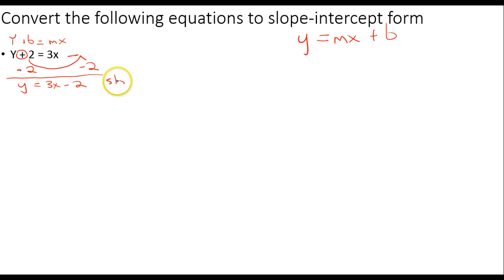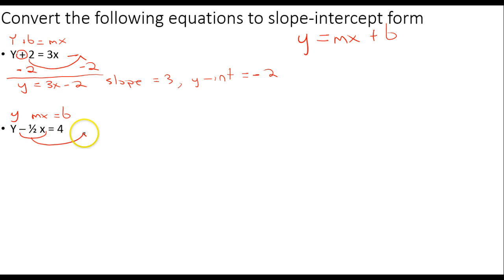So my slope equals 3. My y-intercept equals negative 2, 2 below 0. Okay, next. So y, well, there's my mx and there's my b. So I need to move this over by doing the opposite of this, which is plus 1/2 x to both sides.